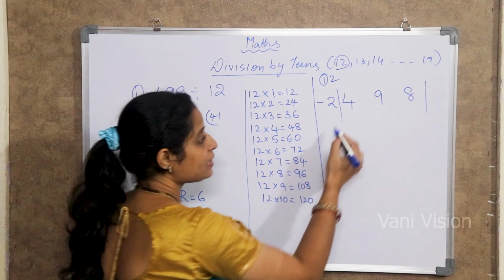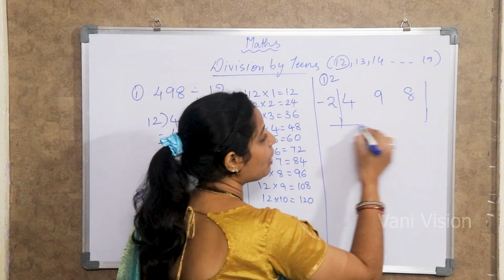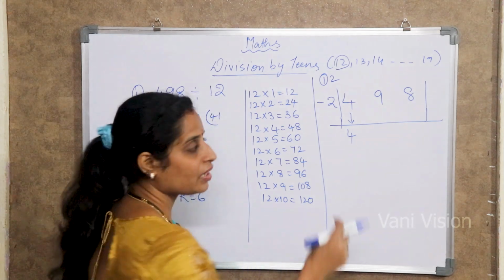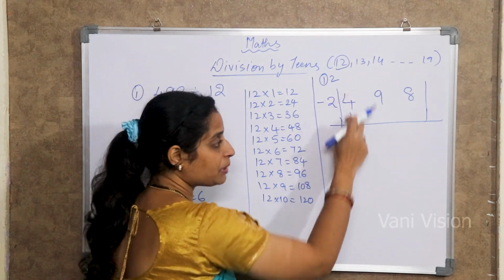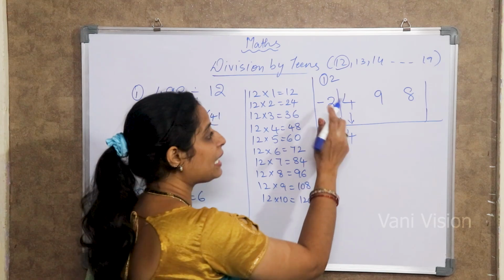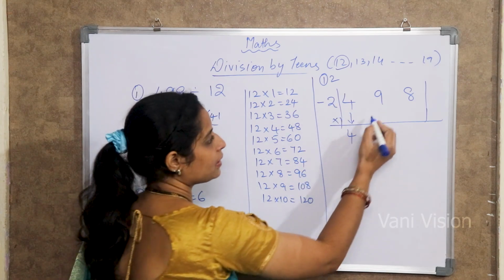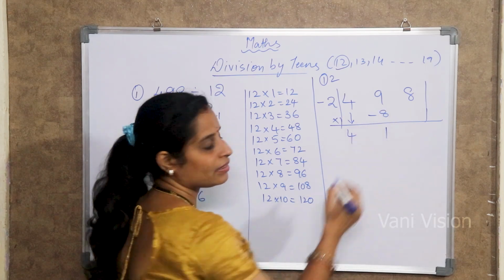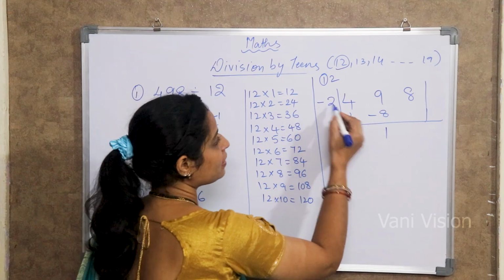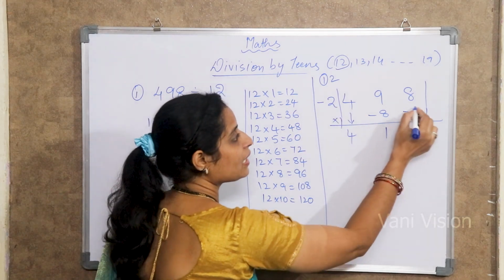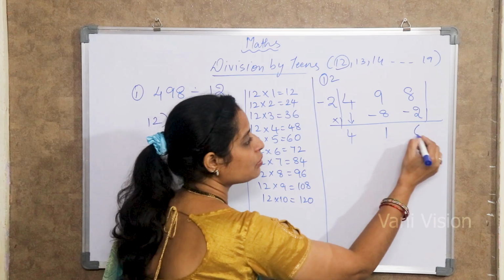Follow the steps clearly as I write. Now 4 as it is I write down. The first digit should be written as it is. Then multiply these two: minus 2 fours are minus 8. 9 minus 8 is 1. Next, minus 2 ones are minus 2, 8 minus 2 is 6.